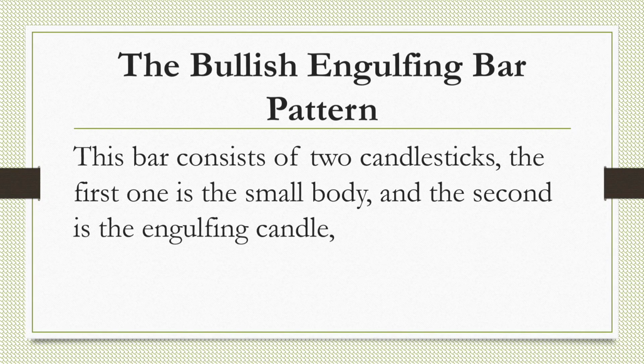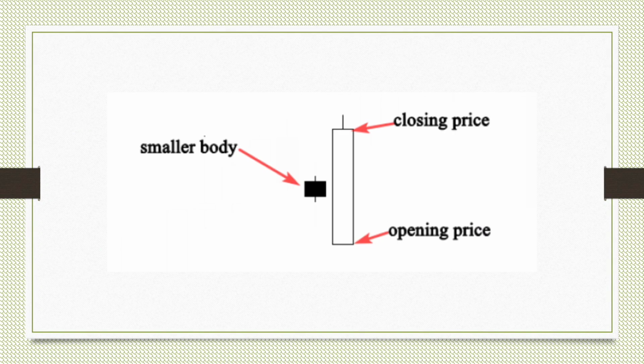This is a pictorial view of what I'm saying. The first candle is a very small candle, and then the other is a very big bullish candle, right? It causes price to reverse from a downtrend to an uptrend.